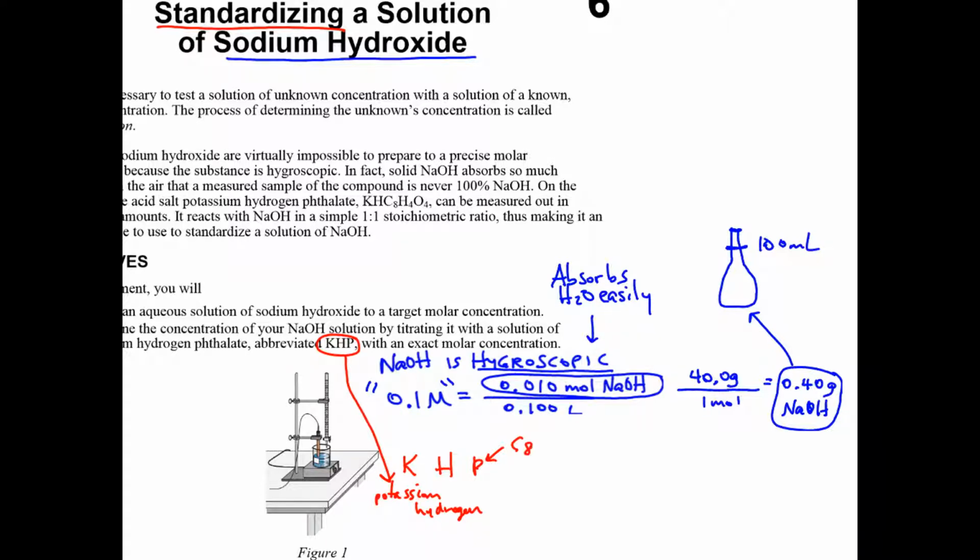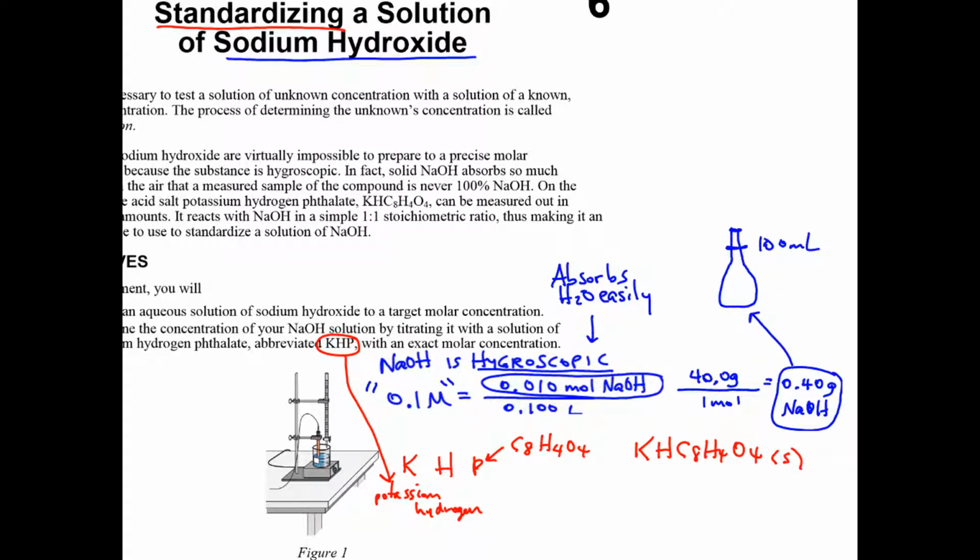It's not phosphorus. So the whole formula is KHC8H4O4. This is a solid, so you could actually measure its mass very easily.